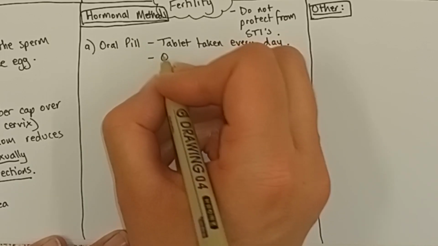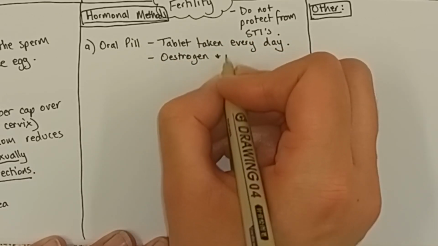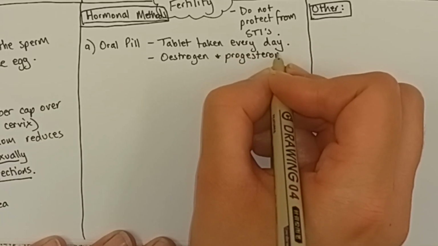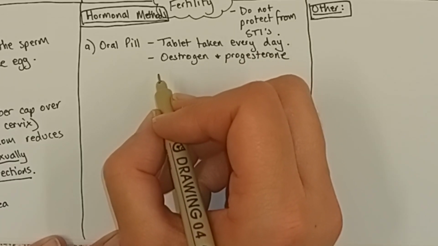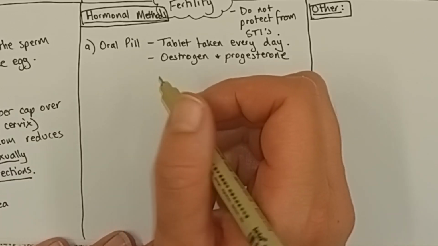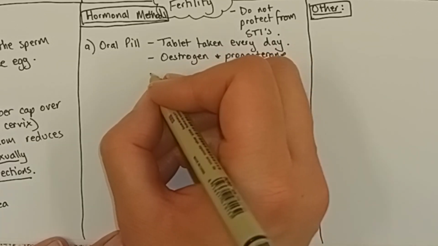They often contain estrogen and progesterone. And these prevent the follicle stimulating hormone and the luteinizing hormone from being released. So they stop an egg maturing or being released.